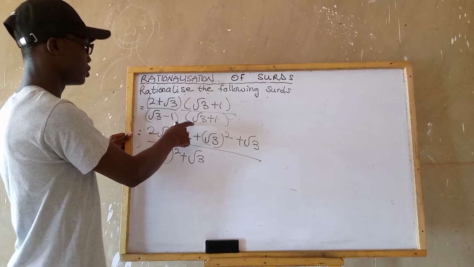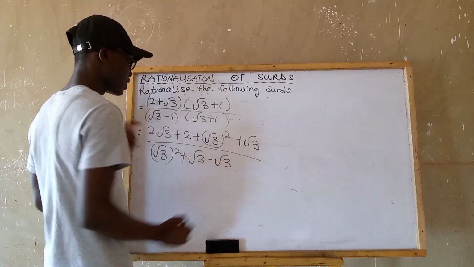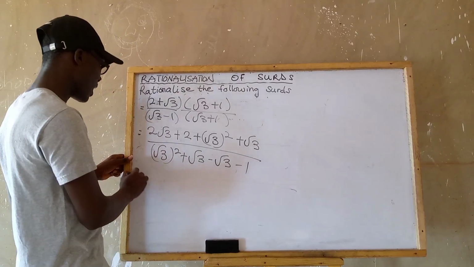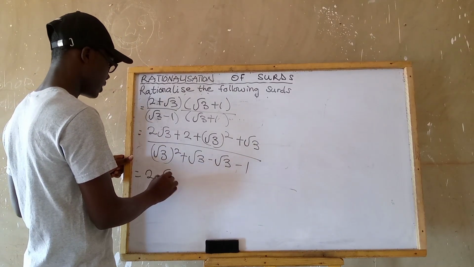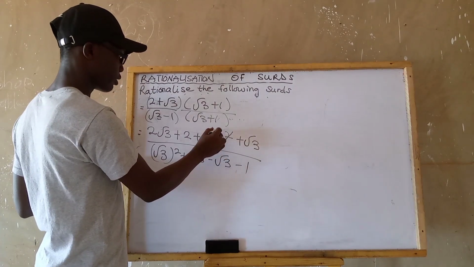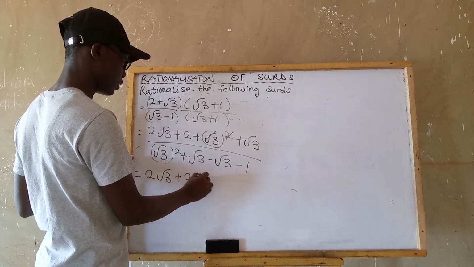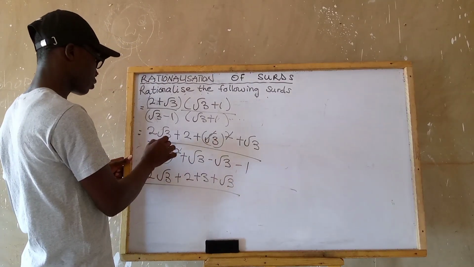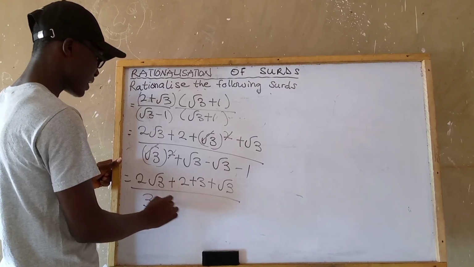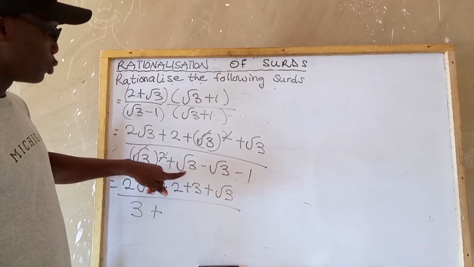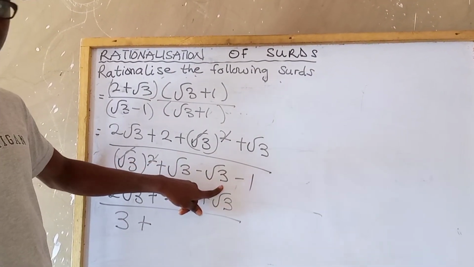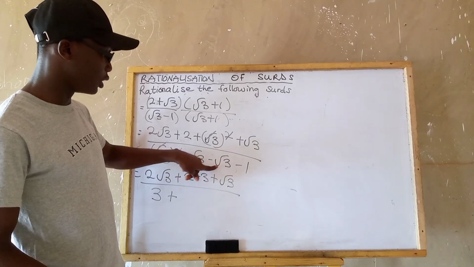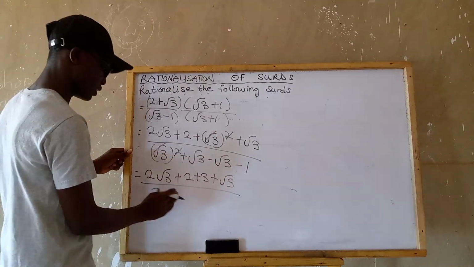Negative 1 times root 3 to give us negative root 3. Negative 1 times 1 to give us negative 1. Now we have 2 root 3 plus 2, plus the square cancels the square root to give us 3, plus root of 3. Over here the square cancels the square root to give us 3, plus here negative root of 3. Root of 3 minus root of 3 gives us 0, because they are the same, then minus 1.